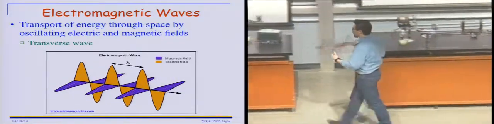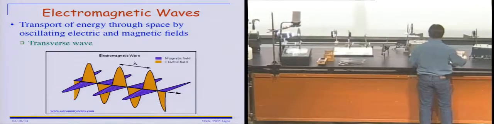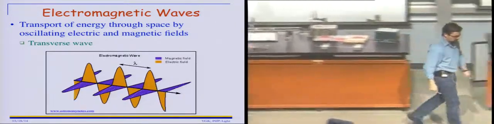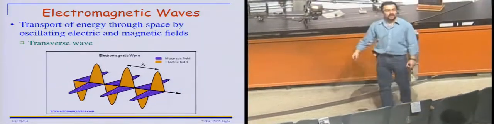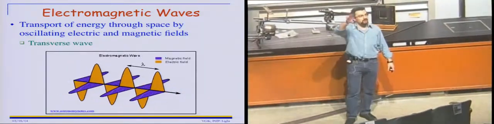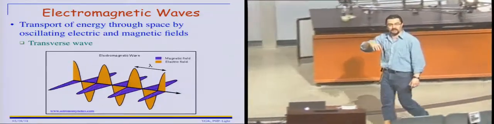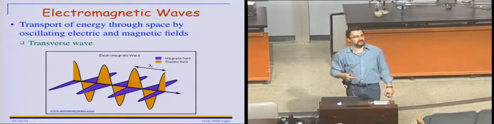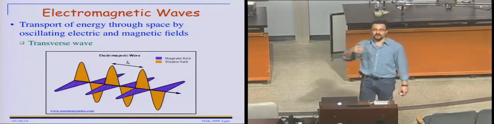And James Maxwell in the 19th century demonstrated through a set of equations now known as Maxwell's equations that when you have an oscillating electric field, it can create an oscillating magnetic field. When you have an oscillating magnetic field, it creates an oscillating electric field.